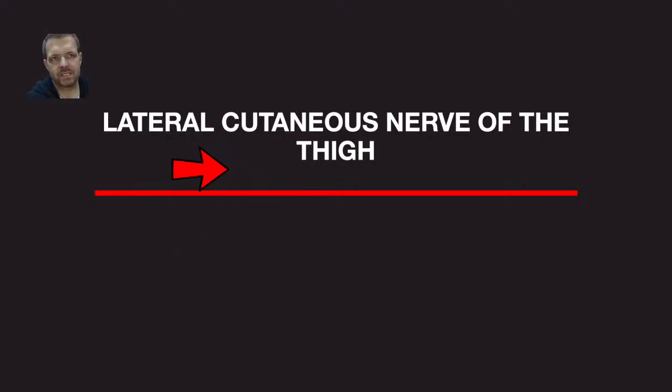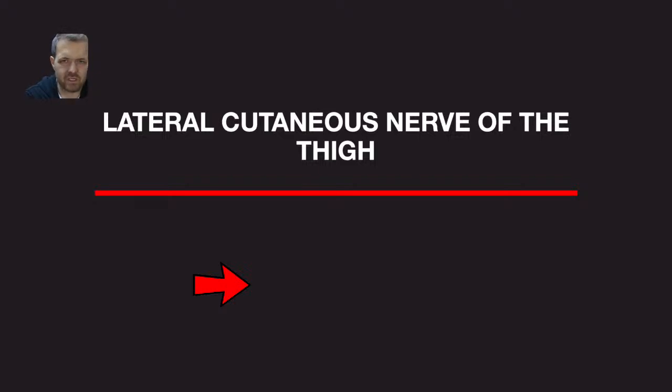So we've got the lateral cutaneous nerve of the thigh. Now there's a real specific condition that you can get, that again, people mistake for being a femoral nerve problem. The lateral cutaneous nerve of the thigh all it does is supply skin sensation to the outside of the thigh.